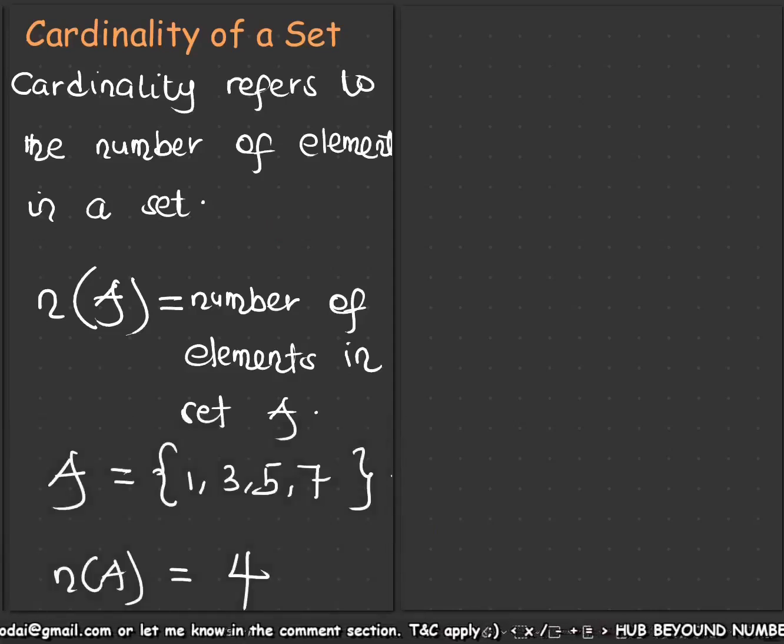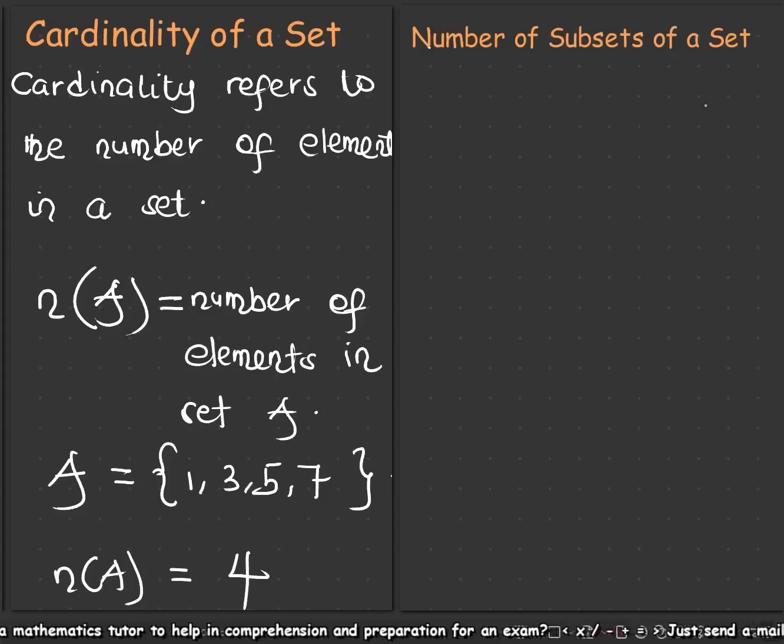Now let's quickly go to the number of subsets of a set. We said in our previous lesson that if you have any set, then a subset of that set is also in that set. What do I mean by that?